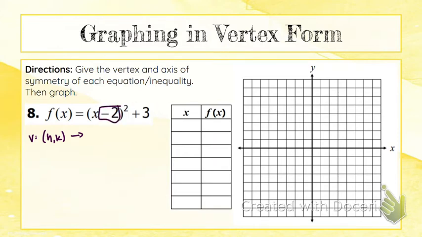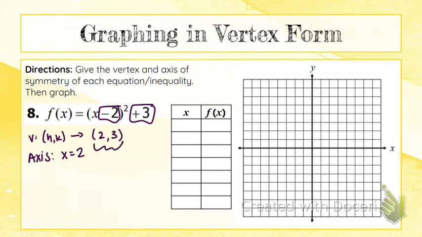And remember that h is going to be the opposite sign of whatever is in your function. So this is 2, 3. So this one is opposite, this one is the same as whatever is here. Our axis is always x equals, and it's always this number.